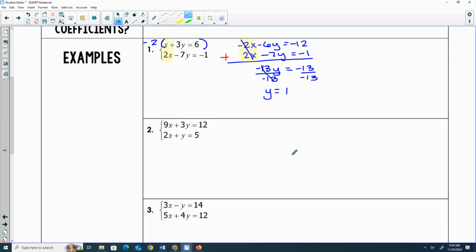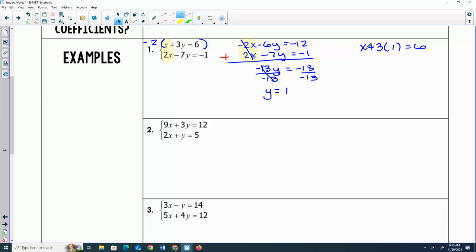All right, once I have my y, what do we have to do? We go back to one of the originals, doesn't matter which one, so I usually just go with the first one. And I'm plugging in my y, which was 1.